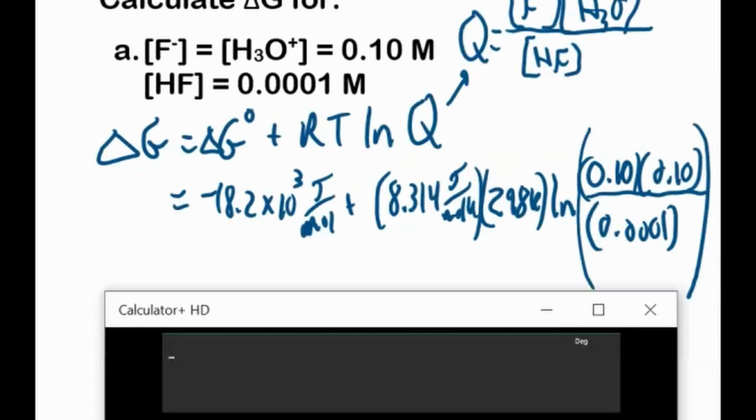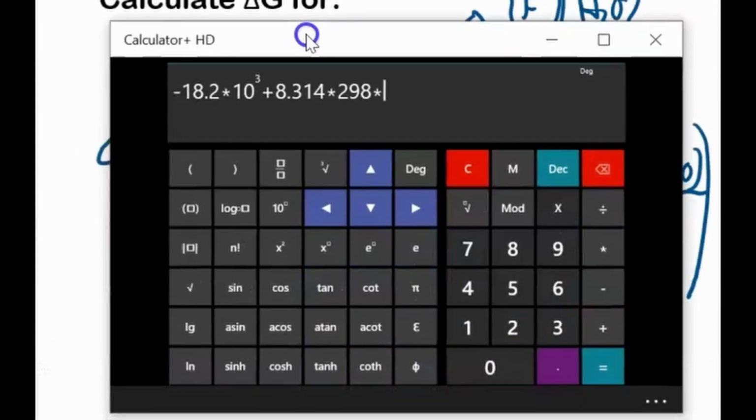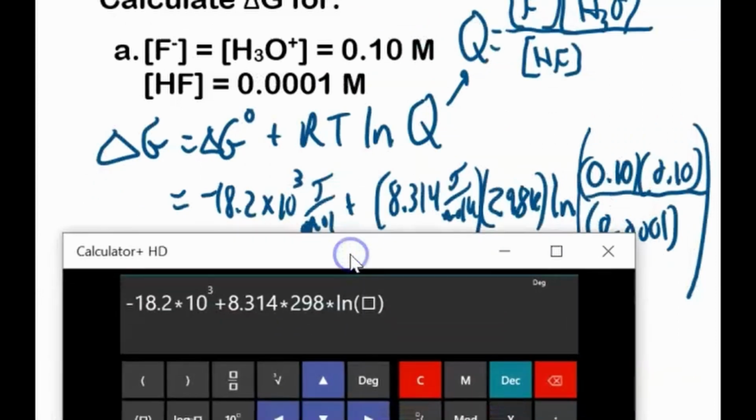So negative 18.2 times 10 to the power of 3 plus 8.314 times 298 times ln of 0.1 times 0.1 divided by 0.0001. Does that look good?